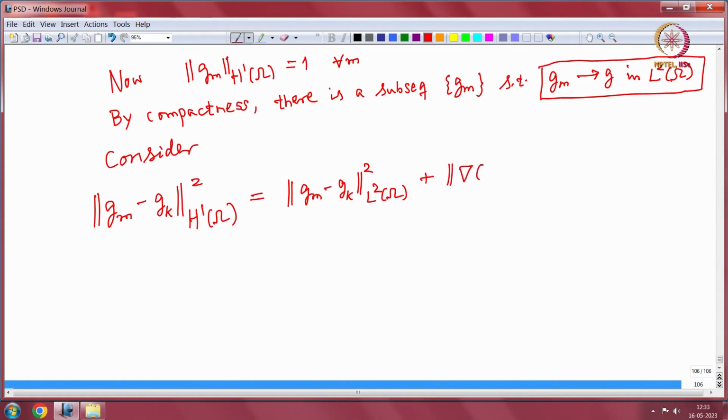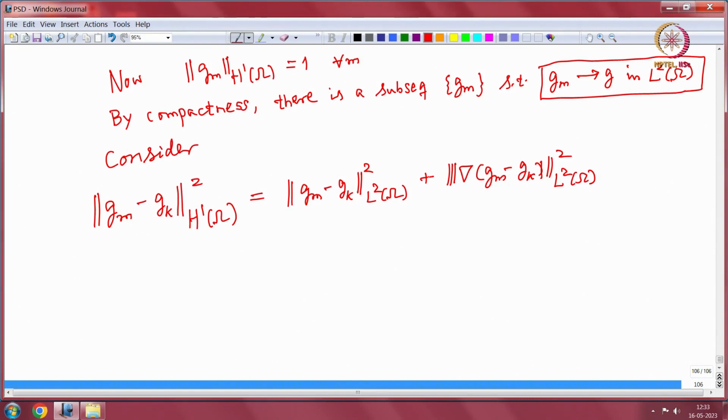So this is just the norm of Gm minus Gk in L2 omega squared. Here it is the absolute value, not the triple norm.